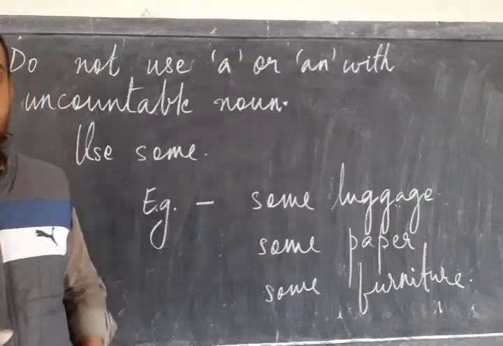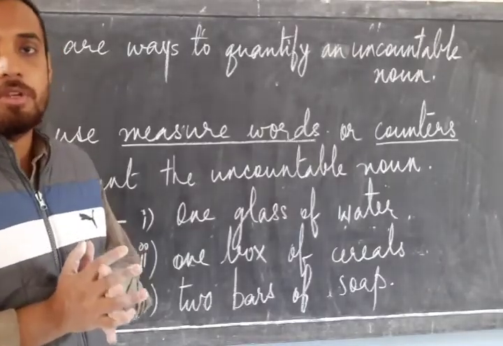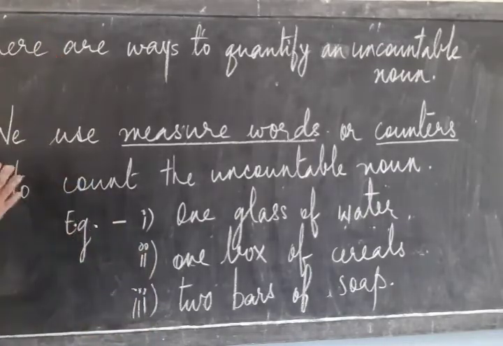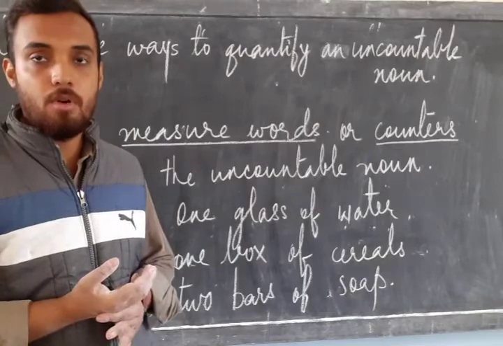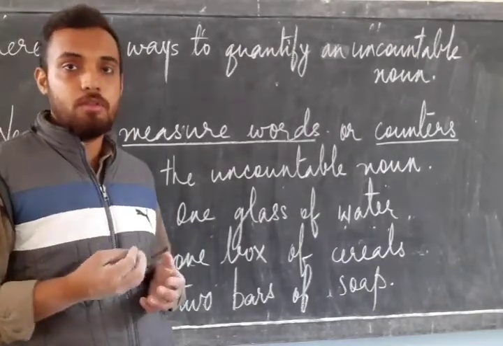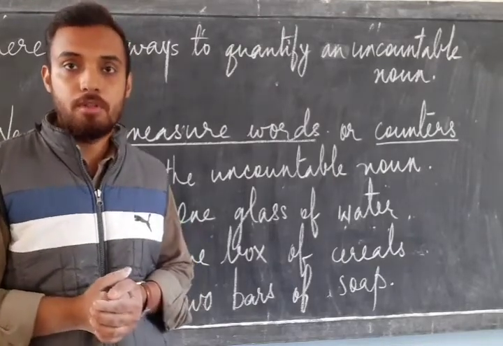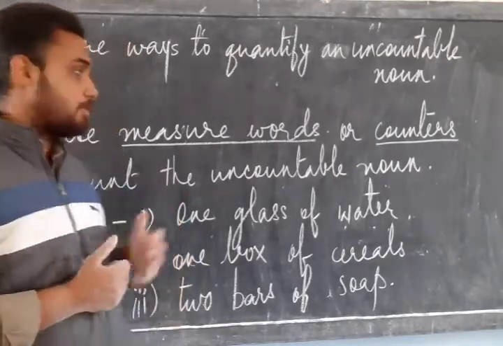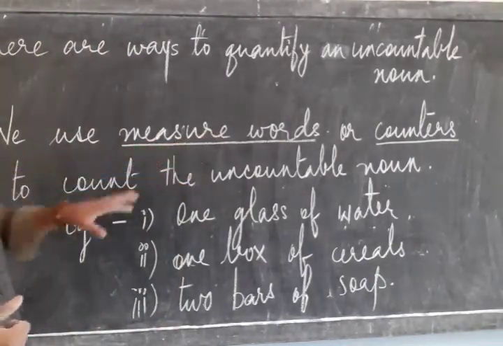So this point says that we do not use a or an with uncountable nouns, but we use some. Now the last thing you have to understand is that there are ways to quantify an uncountable noun. With the help of a few words, you can count uncountable nouns. We use measure words or counters.